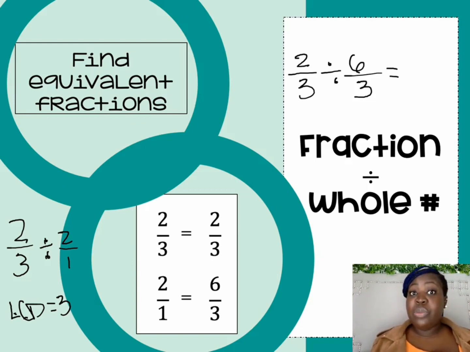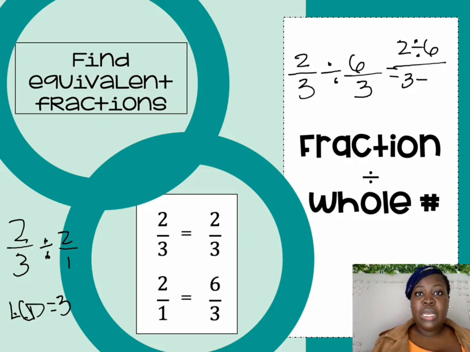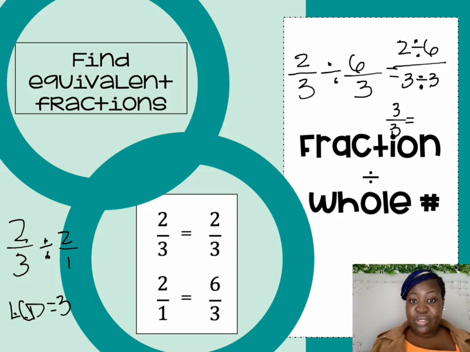What you're actually doing is this. You're doing 2 divided by 6 over 3 divided by 3. That's what you're doing. And I said to ignore the denominators because when you do 3 divided by 3, if you were to write it as a fraction, this is what it looks like, 3/3. And we know that 3/3 is the same thing as 1.